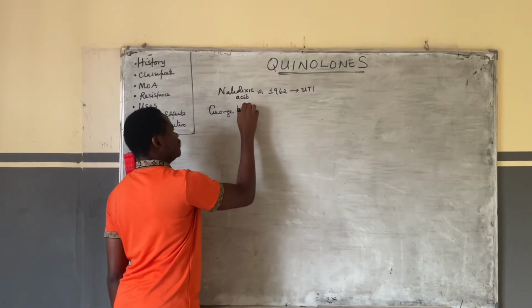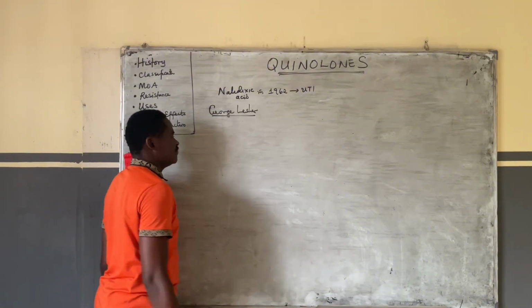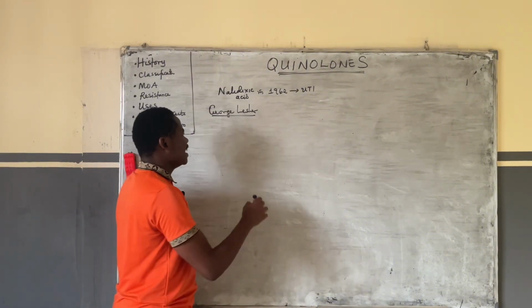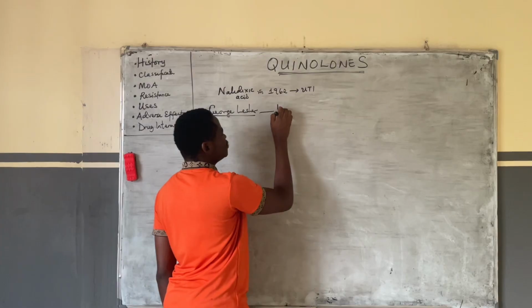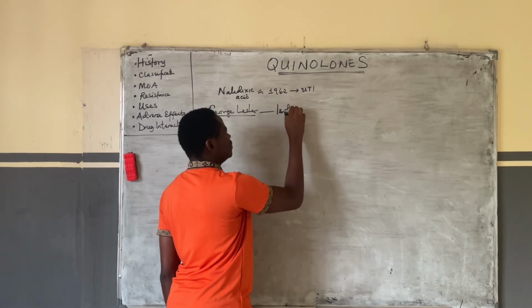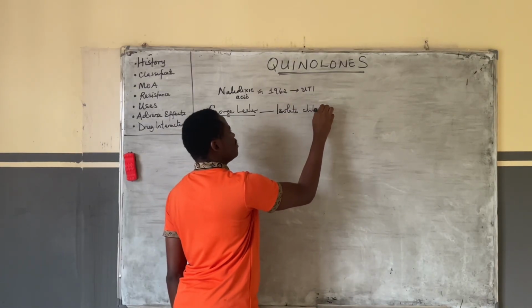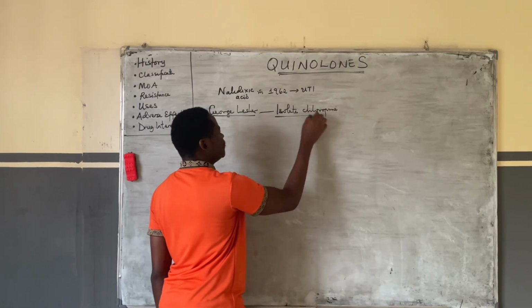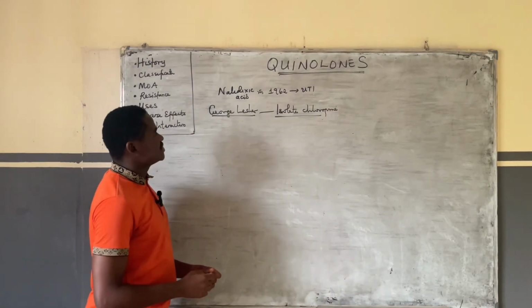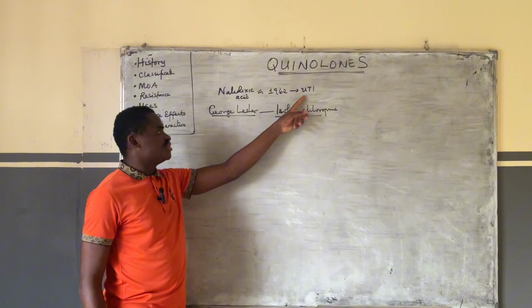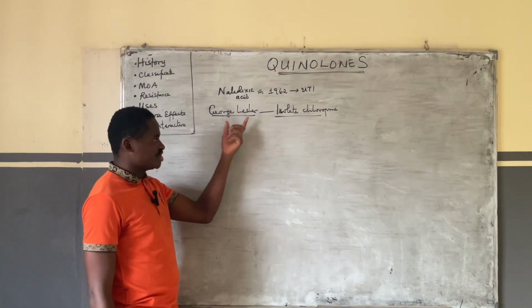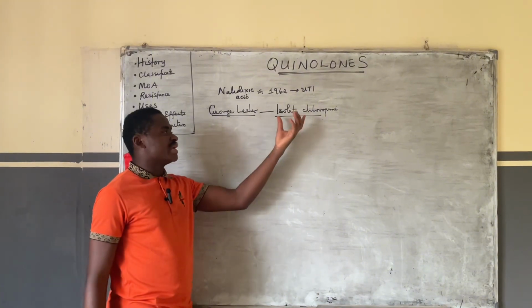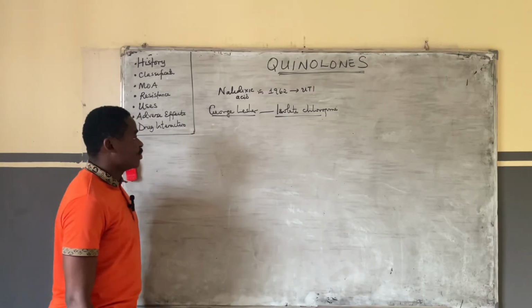George Lesher was the one who has been noted for this particular discovery, and his co-workers wanted to isolate chloroquine, and in that attempt they discovered this particular drug. So please remember nalidixic acid as the first, in 1962, for the treatment of UTI, by George Lesher and his co-workers in an attempt to isolate chloroquine.